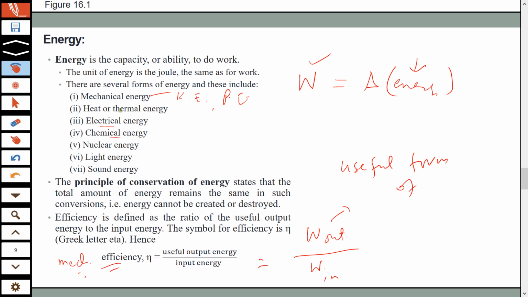Thermal energy is not a useful form of energy in the sense that you cannot use all of the thermal energy for work. Definitely some part will be not available for work. So what we do is that if it is still possible to have work output in the numerator, and here instead of work input you can have thermal energy or heat, heat input, and then this efficiency will be called thermal efficiency.